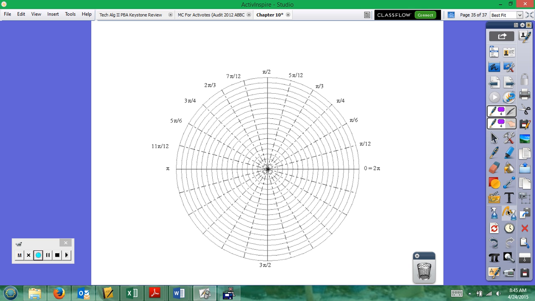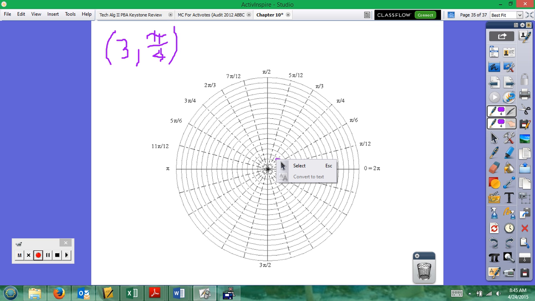But if we're dealing with a polar coordinate, let me give you an example. We could have 3 comma pi over 4. What I would typically do is find the angle and then count out 3 units from that. 1, 2, 3. So right in there.